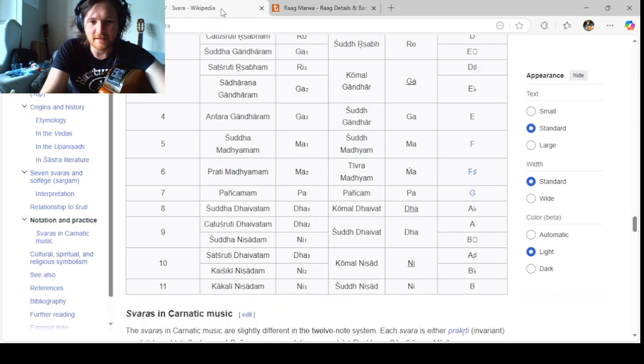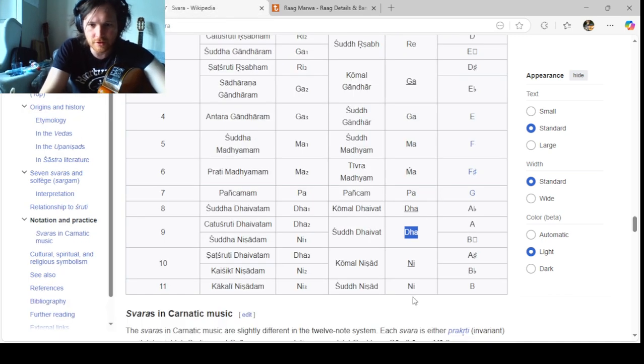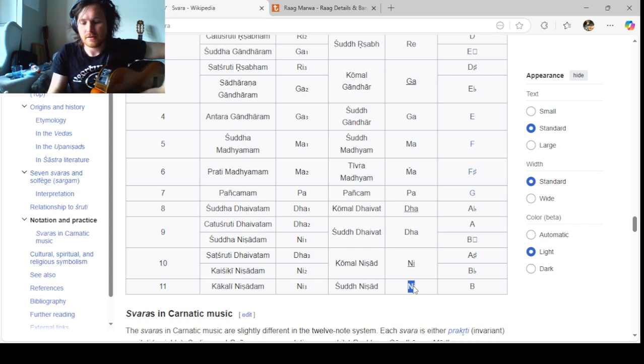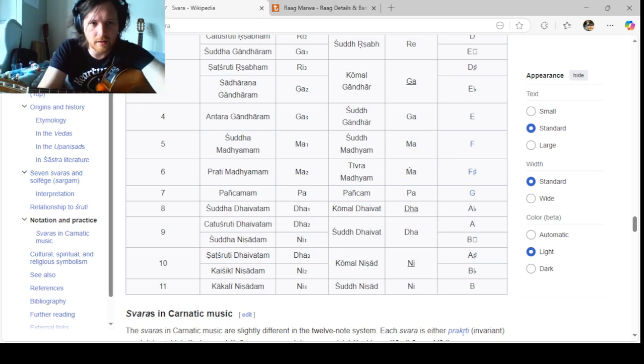And ni, yeah, so we've got a non-underlined dha, so that looks like A, although we have a weird B there, I'm not sure about that. But then we have a ni, which is also not underlined, so again a B. So we've had that, which is like a particular position of the pentatonic scale. So not that weird actually.